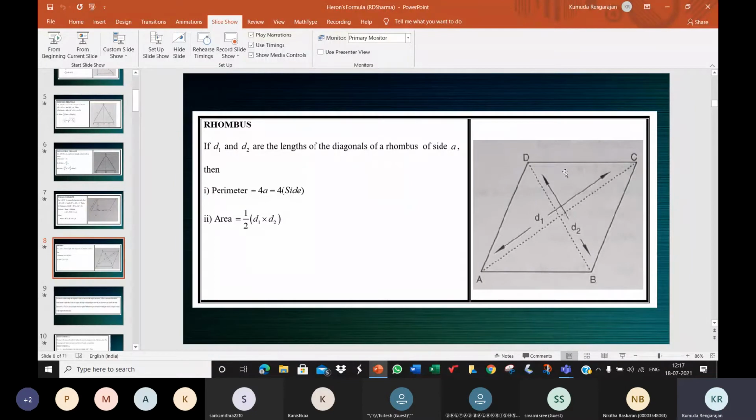Perpendicular distance it is. You cannot keep the measuring tape in the form of a diagonal and measure. That will be different. Distance in maths is always perpendicular distance.